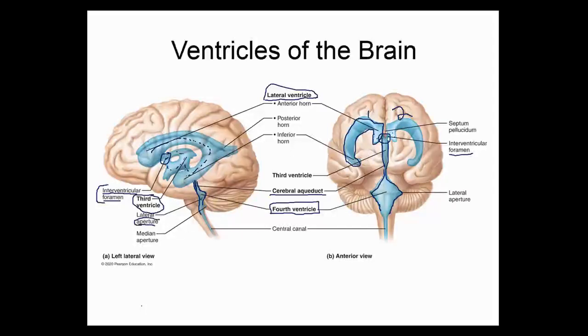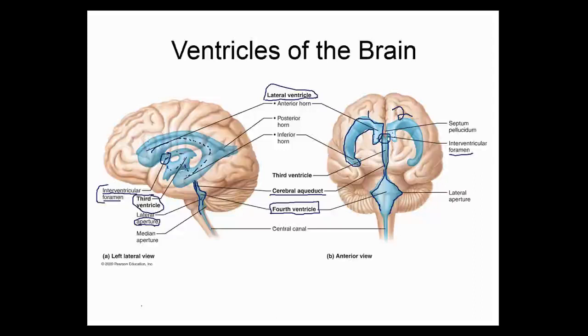So our apertures are basically little holes, little vents, almost like a sieve, I suppose, that allows for flow into that subarachnoid space, which then travels through the rest of the brain and spinal cord.